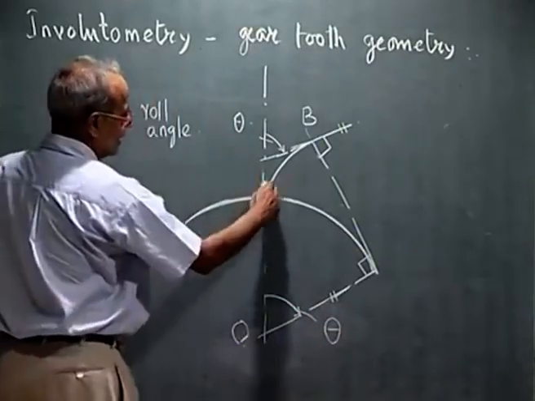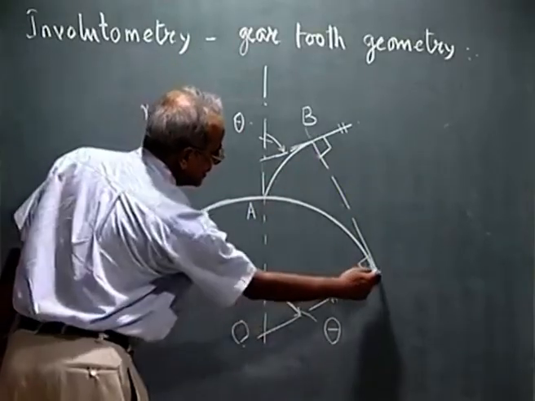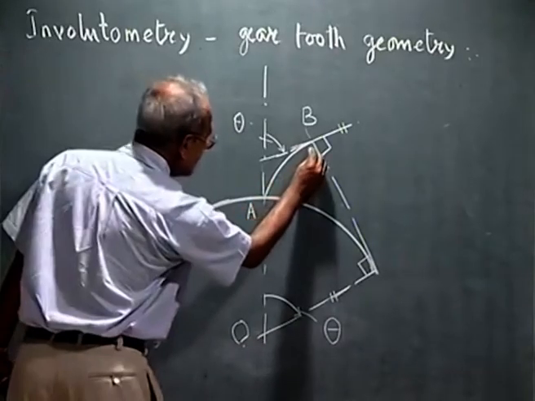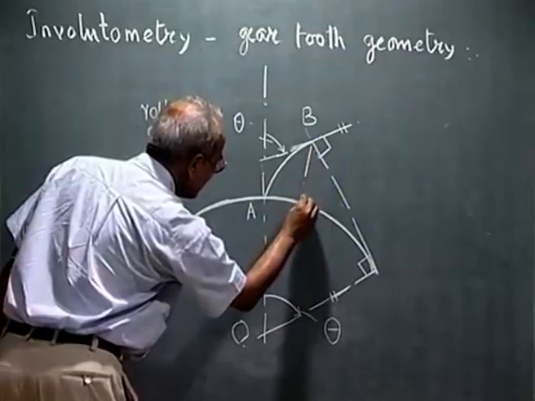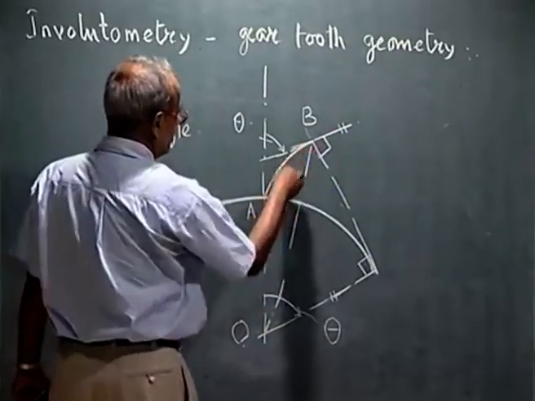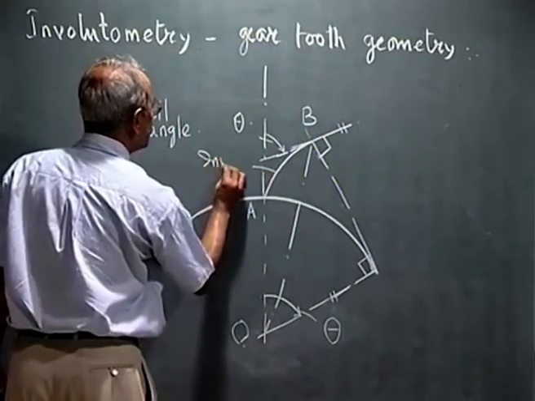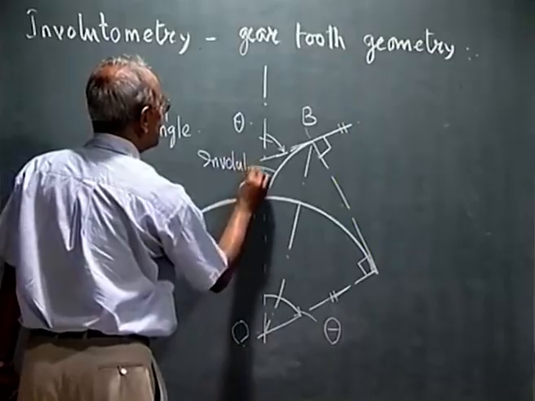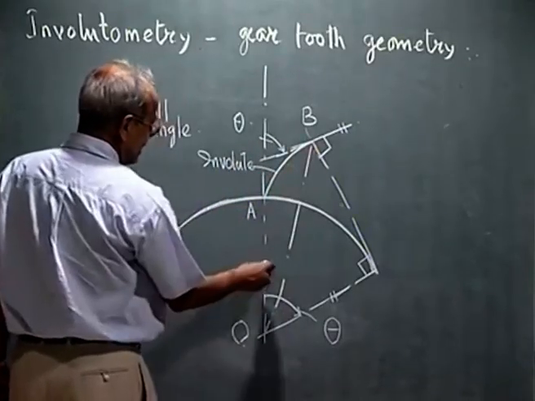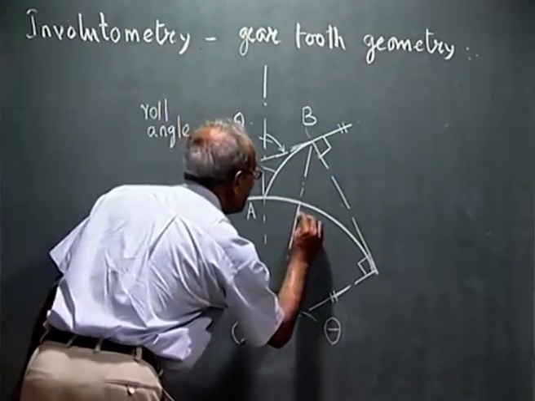That is, the string has unwound up to this point B, where the roll angle is theta. This particular point on this involute, this distance OB is the radius vector, let me call it R.